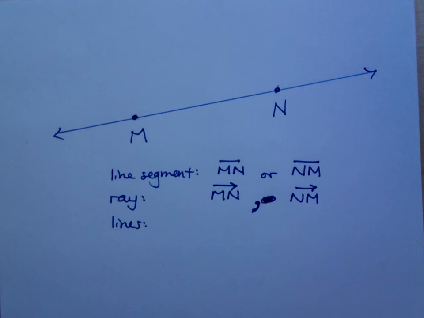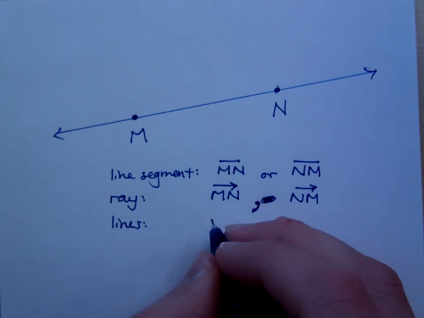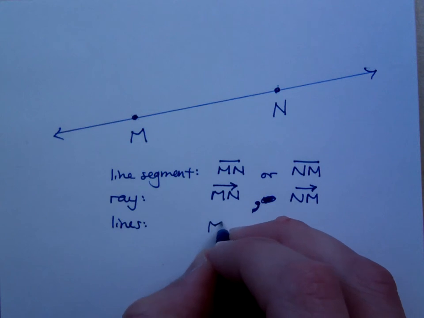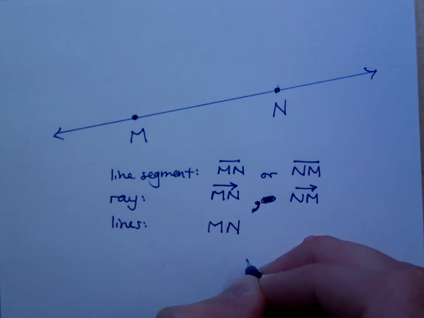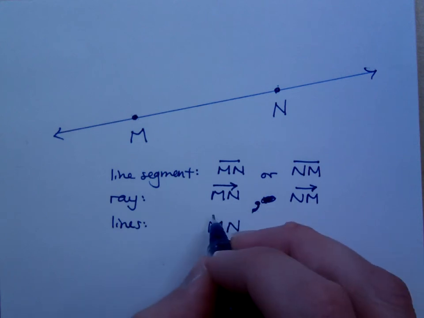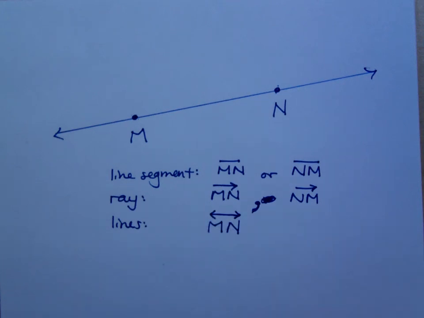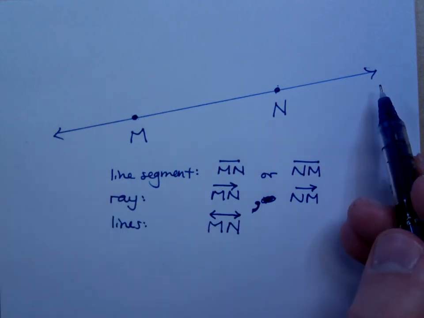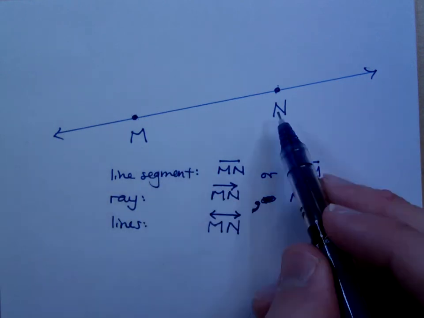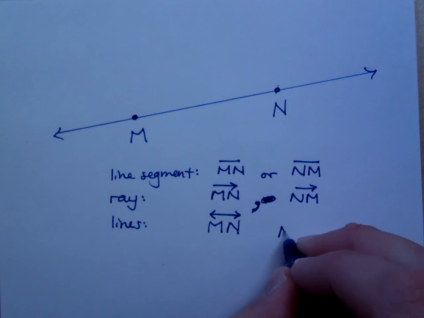Are there lines that you can identify? How would you write that? Maybe like this. We put the bar with the arrow on both ends like this. That's line MN. You've got this line and you're just picking 2 points to identify it, M and N. What if I go the other way and I say NM like this?